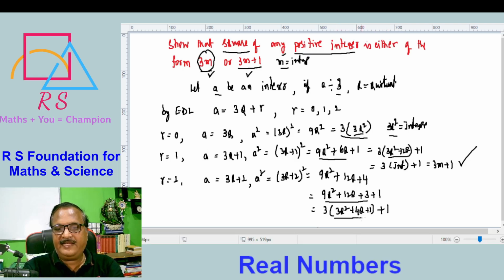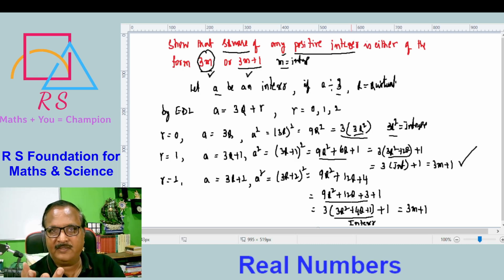So this entire thing is an integer, because q is an integer, everything is an integer. Whether it is odd or not, it is not given. So it is again 3m plus 1. So at all three values of r, the square of a is in the form of 3m or 3m plus 1.